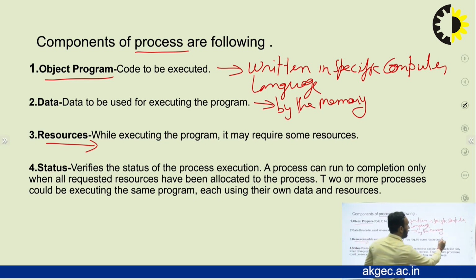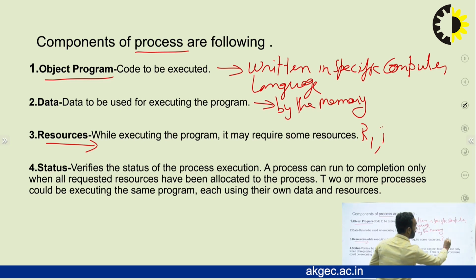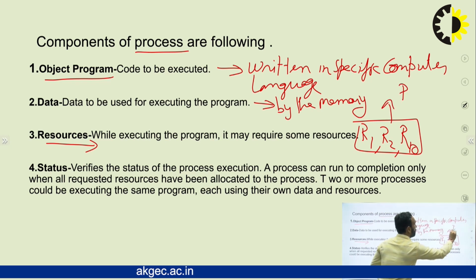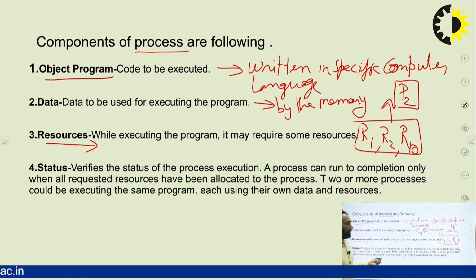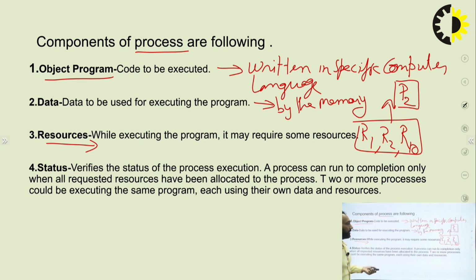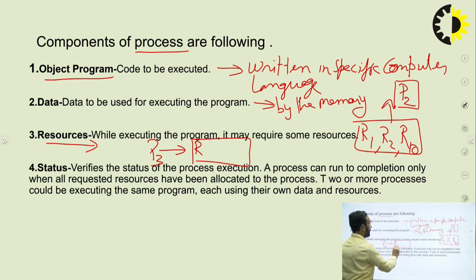For example, we require resources R1, R2, R10 to execute process number 2, and we have a number of resources required for program P3: process 3 requires resources R2, R11, R10.